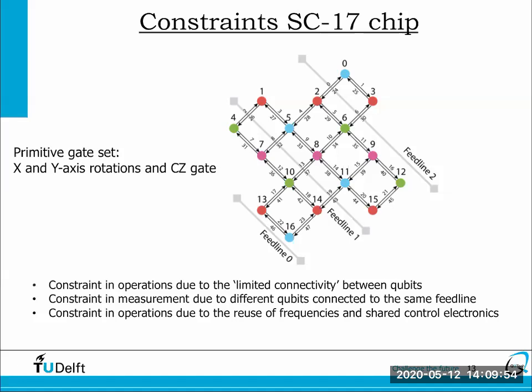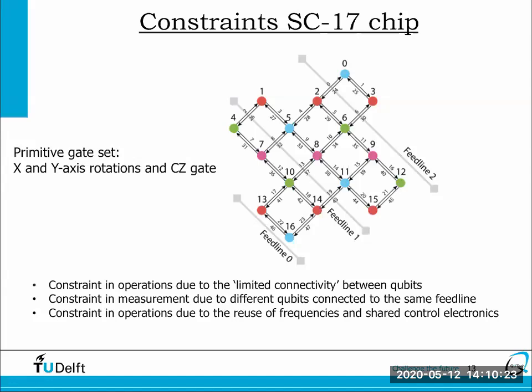There is another constraint in terms of measurement, because as you can see here in diagonal, you have different feed lines. Different qubits are coupled to different feed lines. For example, qubits 13 and 16 are measured through feed line 0, and 14, 10, 7, 4, 1, 5, 8, 11, 15 are coupled to feed line 1.